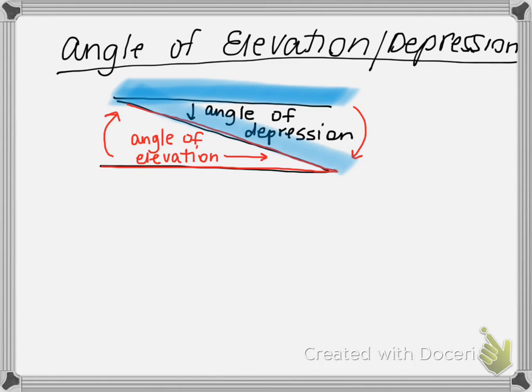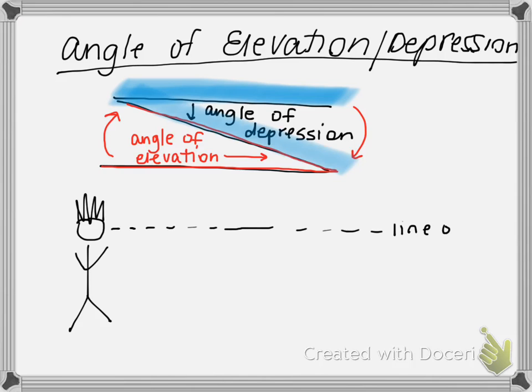Okay? So if you have a little person here, and let's give him some crazy hair. Alright, so from his eye line, when you look out into the horizon, this is your line of sight. This is like if you're standing straight and just looking straight ahead without tilting your head or your body, that's your line of sight.